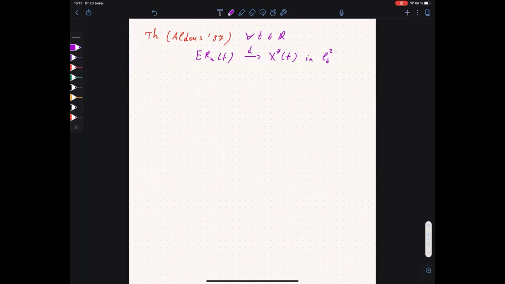But also let me put here an arrow. We will consider only elements from L2 such that x_k are decreasing. I'm sorry, it is from L2 such that x_k decreases.